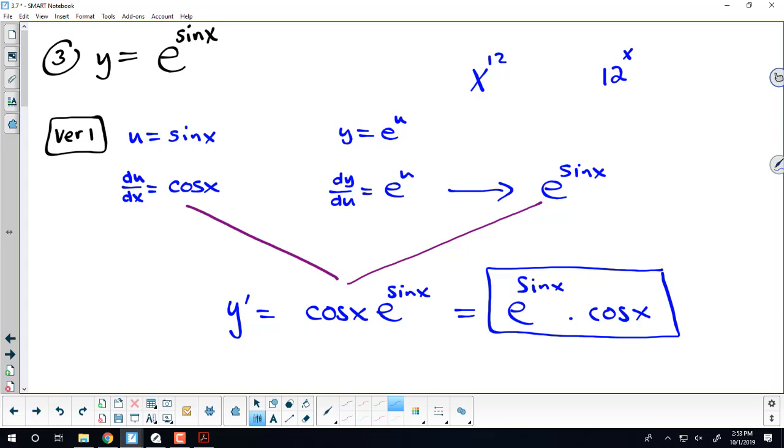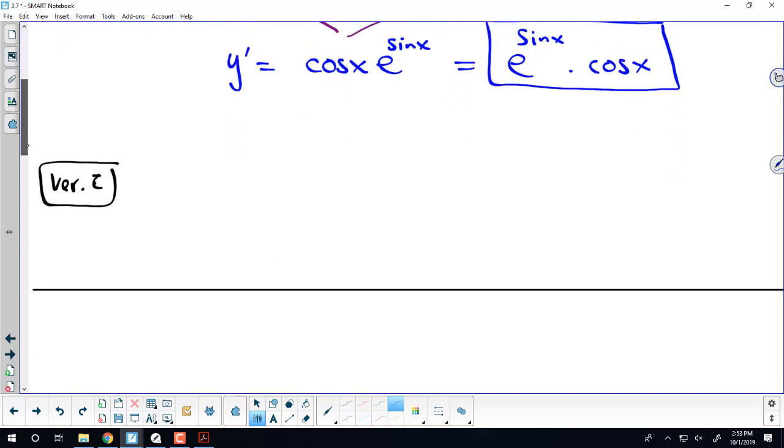So you can't take the derivative of this by doing this. Like, that does not work. Exponential functions have their own derivatives. So if you see x or whatever variable you're dealing with in the exponent, never apply the power rule to that because it is an exponential function.